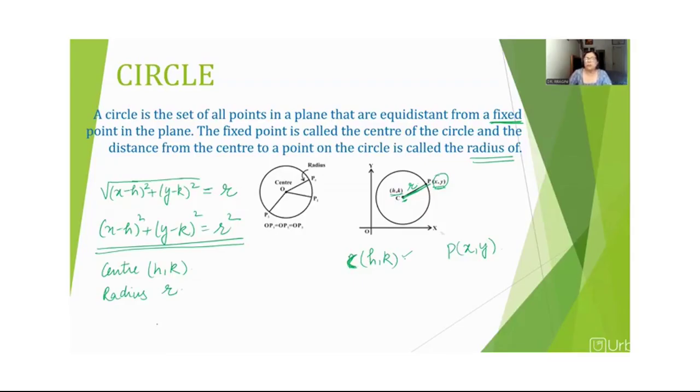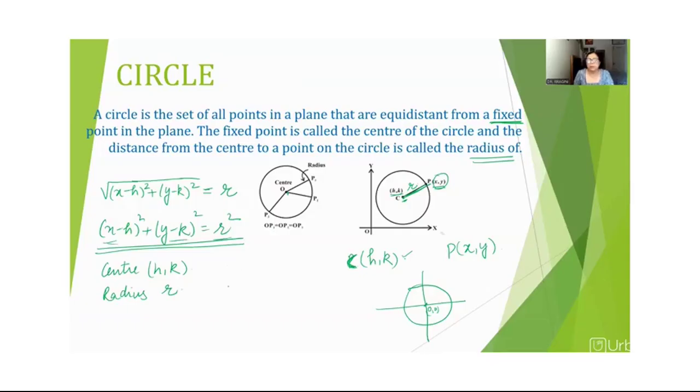Now we can have a particular equation in case the center is at the origin. What happens if we make a circle like this? If the center is at the origin, in that case this fixed point (h, k) becomes (0, 0). Now replace (0, 0) in this equation.